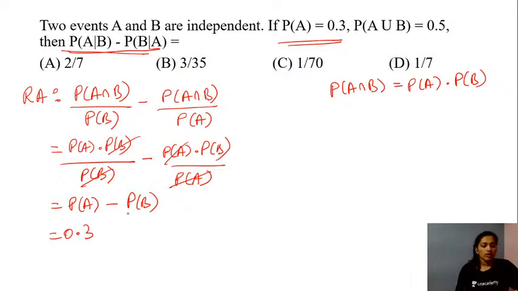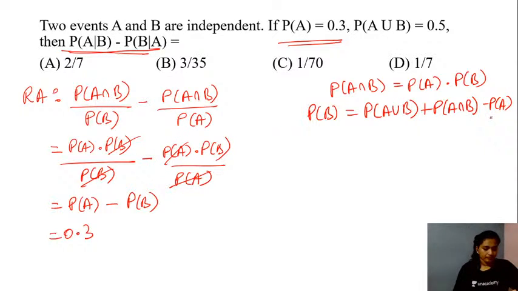Okay. Let's get the value for the probability of B. How are we going to do this? The probability of your event B will be equal to the probability of your event A or B plus the probability of your event A and B minus the probability of event A. Am I correct? So the probability of your event A or B is 0.5. The probability of your event A and B is the probability of A, which is 0.5, into the probability of your event B, and then minus the probability of your event A, which is 0.3.